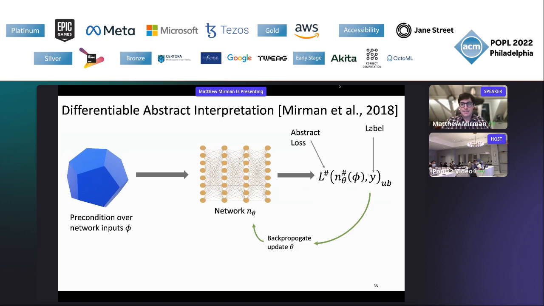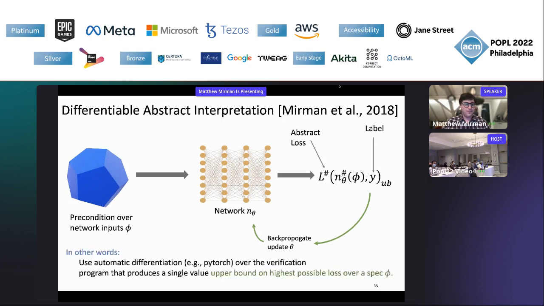And then we backpropagate through the entire abstract computation and abstract network to update theta. In other words, we're using automatic differentiation, for example, a system like PyTorch, over the verification program that produces a single value upper bound on the highest possible loss over the spec.